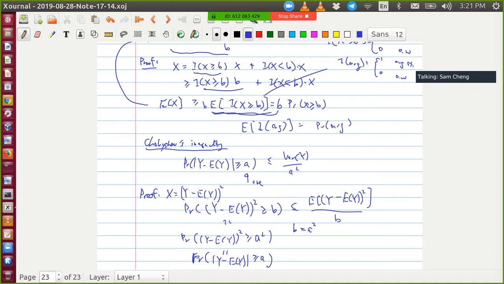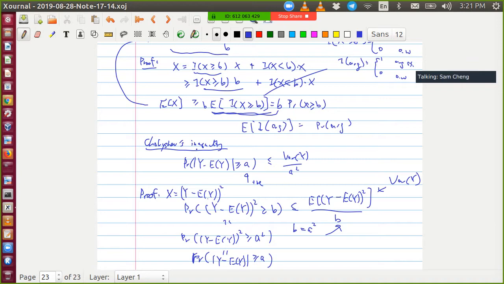So therefore we have the proof of the Chebyshev inequality immediately.